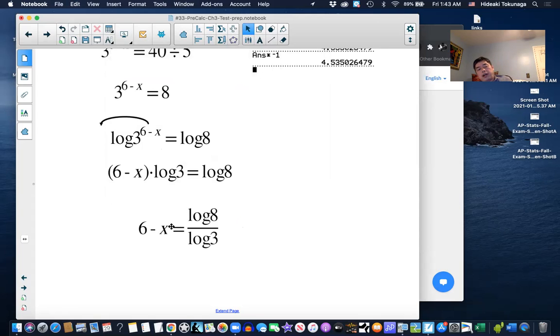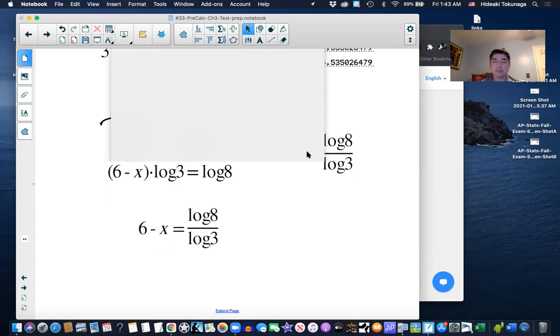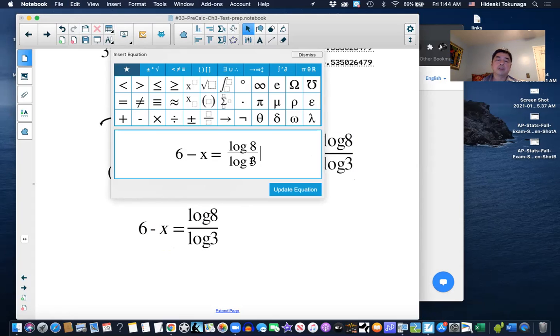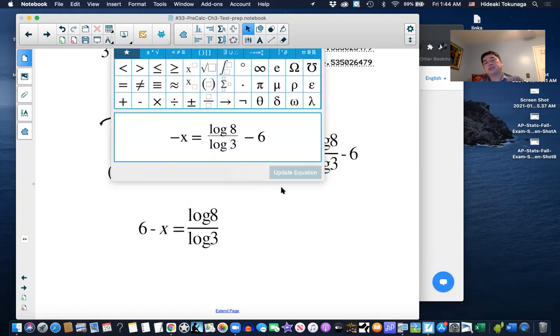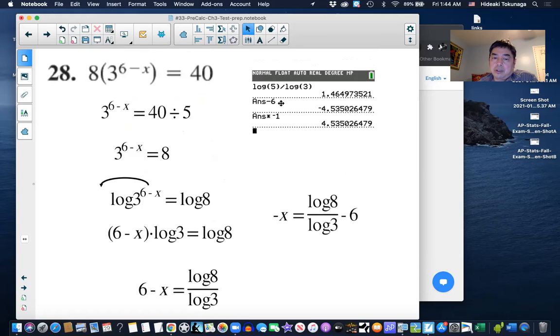Now you have to isolate x, but there is a negative number. So let's subtract 6 first. Okay, now first you did this one. So log base, oh, this is something different.